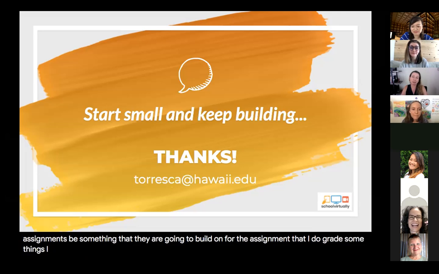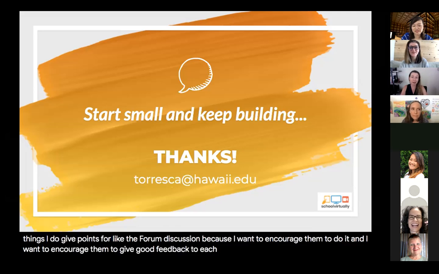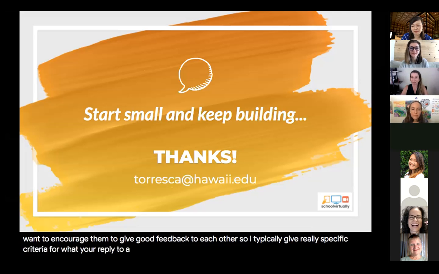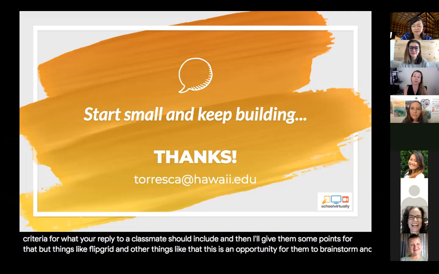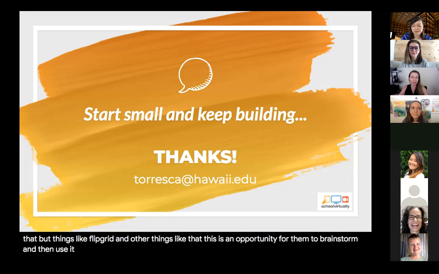Some things I do give points for, like the forum discussion, because I want to encourage them to do it, and I want to encourage them to give good feedback to each other. So I typically give really specific criteria for what your reply to a classmate should include. And then I'll give them some points for that. But things like Flipgrid and other things like that, this is an opportunity for them to brainstorm and then use it. So that's how I'm balancing.